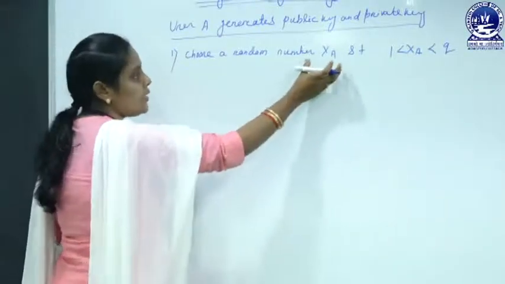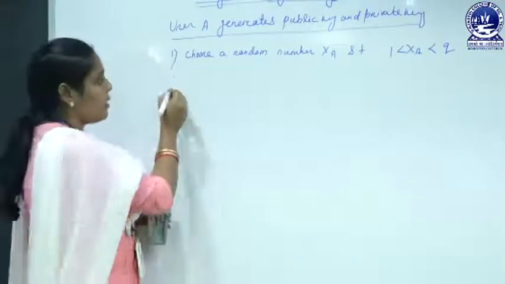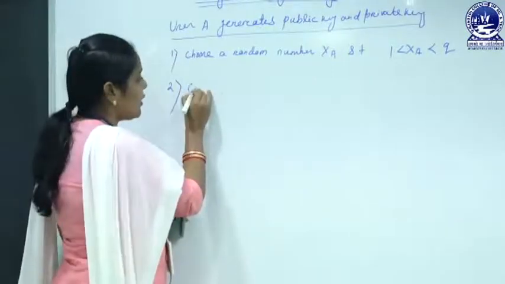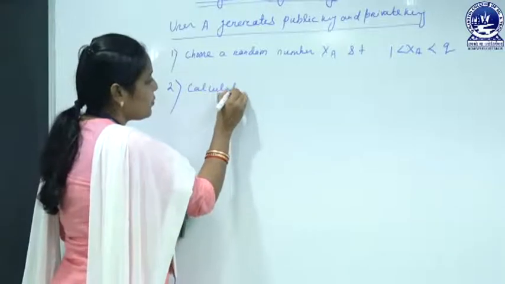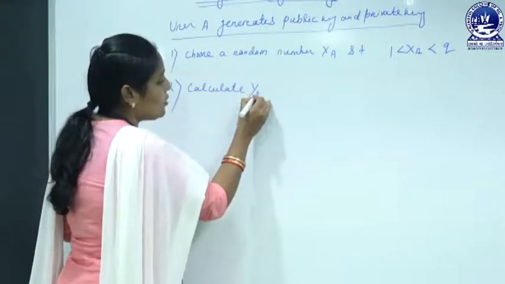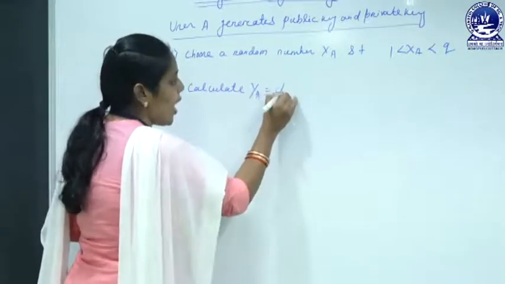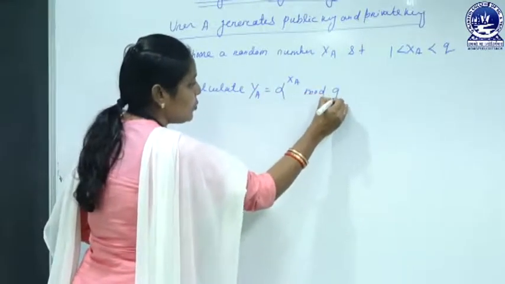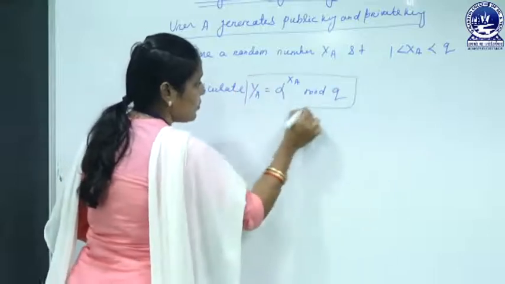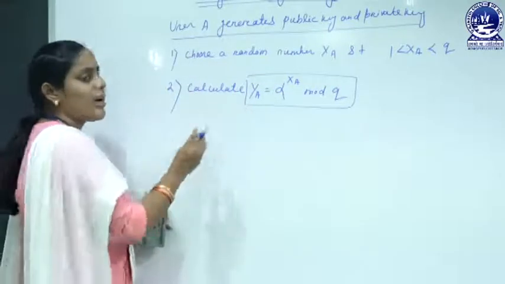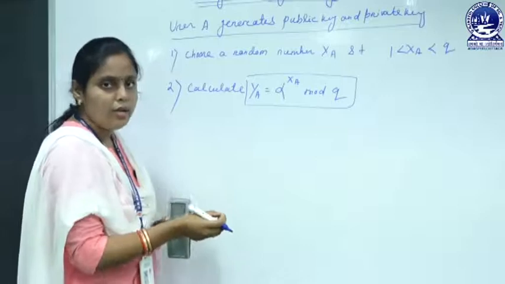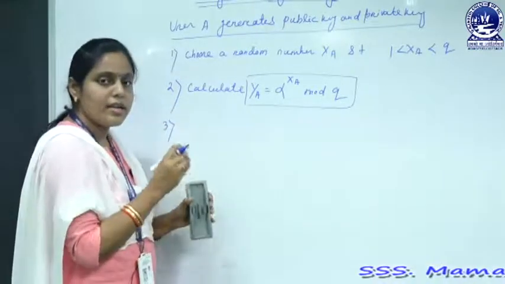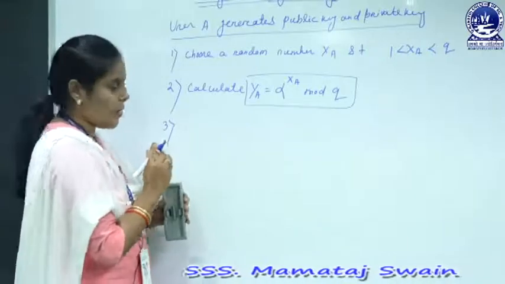After choosing this random number, then in the second step the user A calculates ya, which is equal to alpha to the power xa mod Q. After calculating this ya value, then in the third step the user A generates its public key and private key.